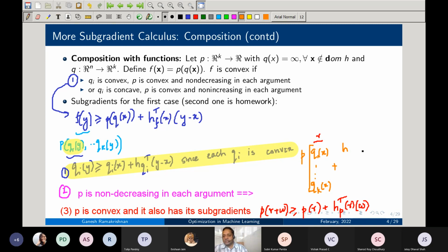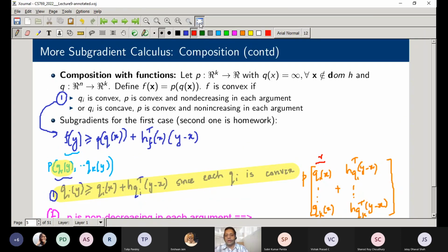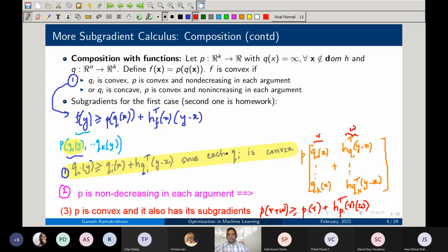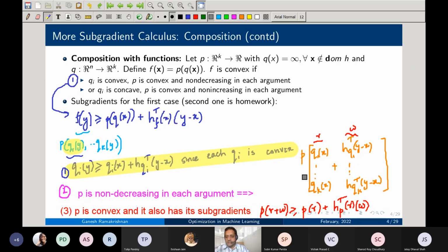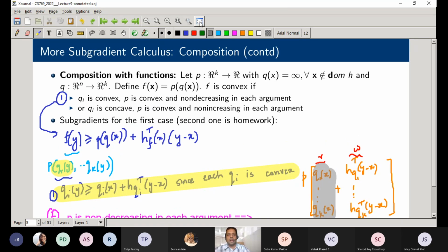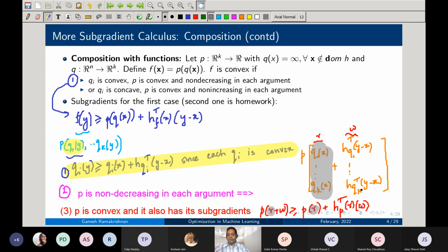That will be h_Q1 transpose (y minus x) up to h_Qk transpose (y minus x), and this is my W. So this part is the R we are talking about here, and the W part is this entire component here.